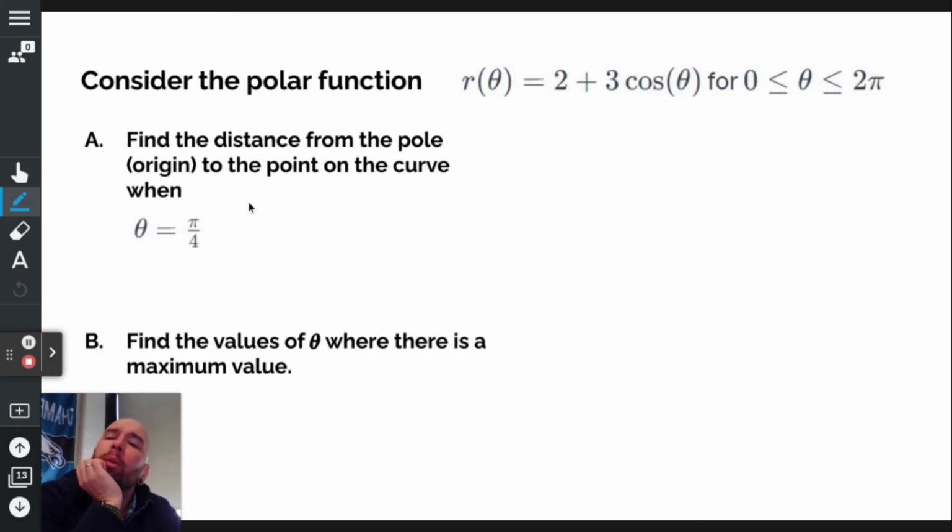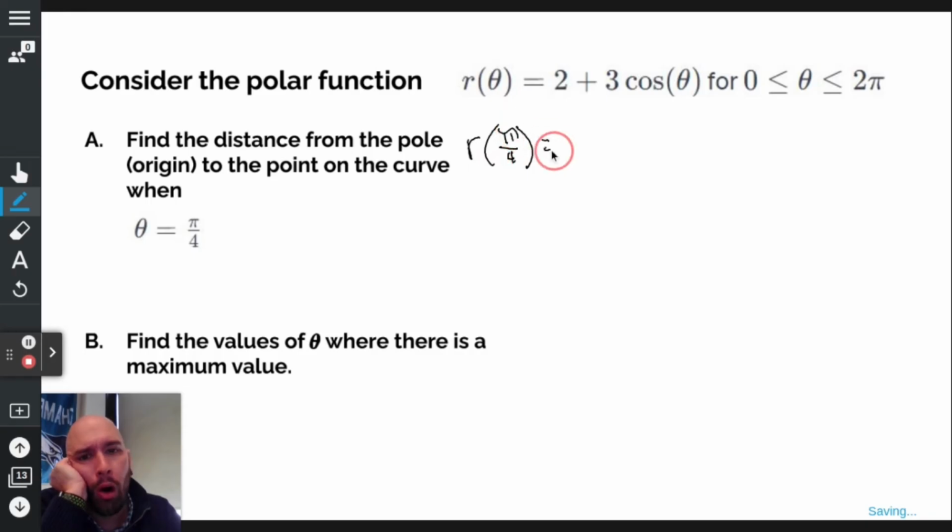Find the distance from the pole, the origin, to the point on the curve when theta is pi over 4. So there's that formula. Not too bad. All we're going to do is plug in pi over 4 and do a little bit of math. So r of pi over 4 is going to be 2 plus 3 cosine pi over 4.